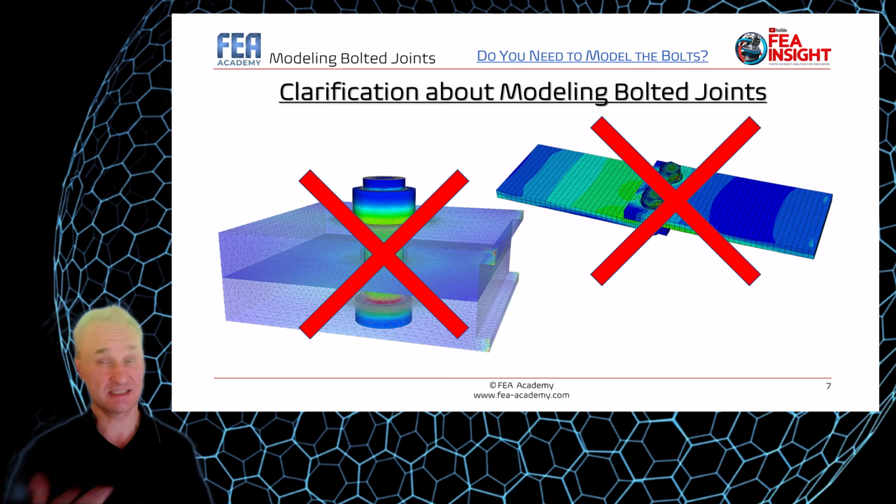And this check is very basic, okay? Because it is a very basic hand calculation done using the bolt loads extracted from the FEM. So it is very important to accurately represent the stiffness of the joint in your FEM. And we will see how to do that in the next slides.